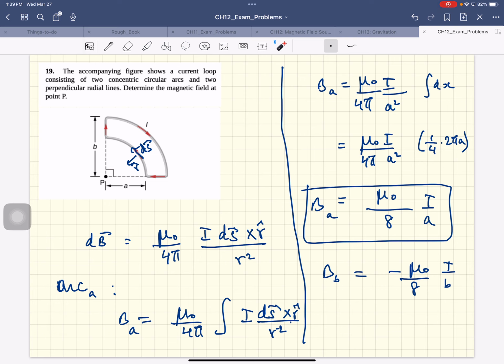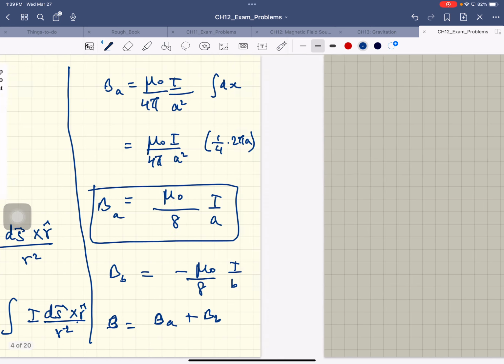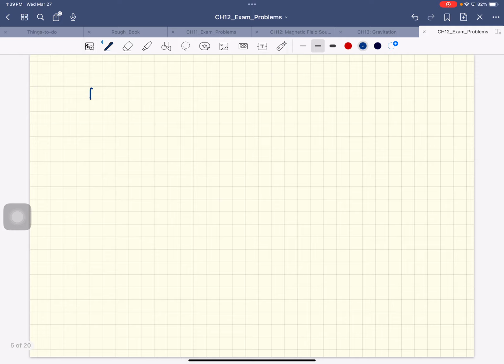All right, so the net field, the total field, is BA plus BB. So the total field is mu naught over 8, I, times 1 over A minus 1 over B. And it's coming out of the sheet.